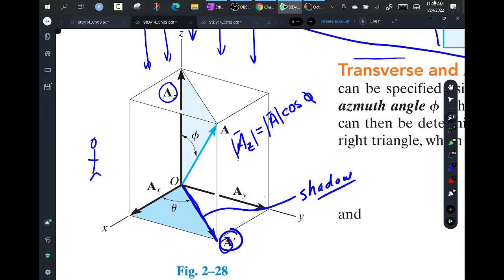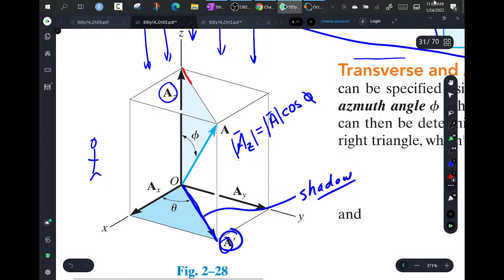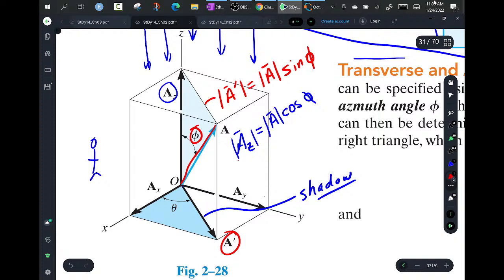So essentially, this length is actually the same as the length of this vector down here. So, that being the case, the length of the A prime vector down here, or the shadow vector, is equal to the length of this whole vector times the sine of that same angle right back here.